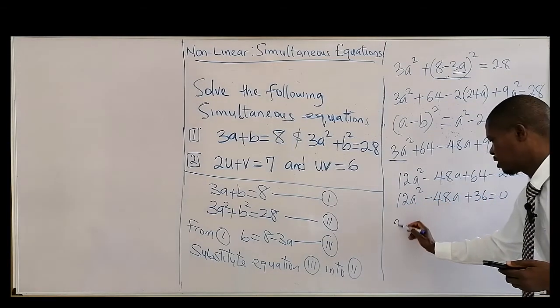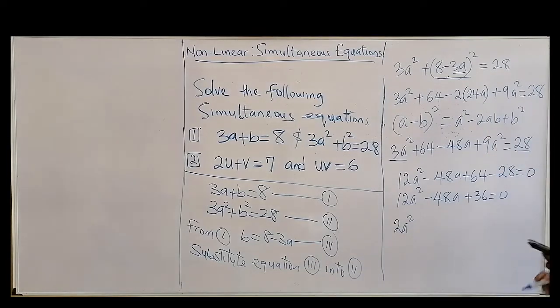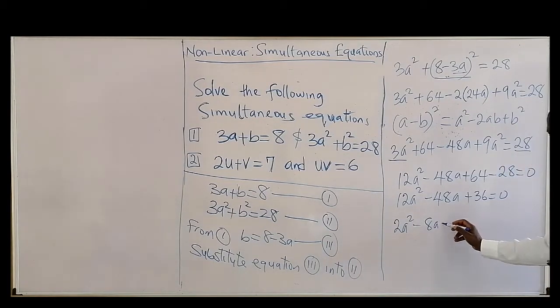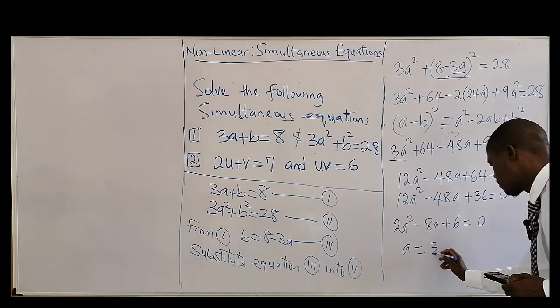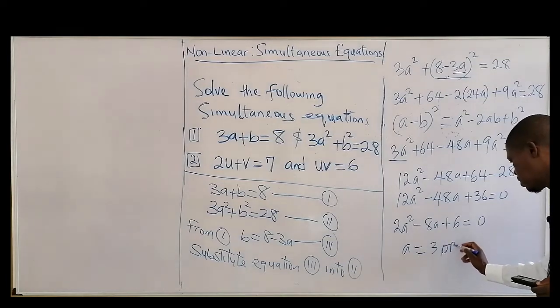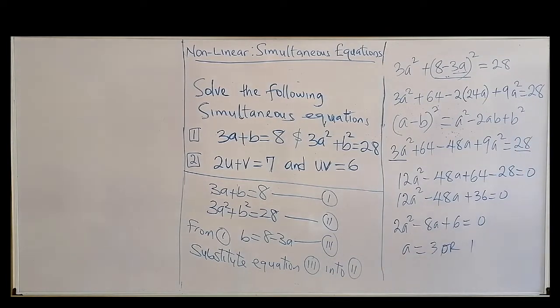So we have 2a squared minus 8a plus 6 equal to 0. So a is 3 or 1. So that's what we've got.